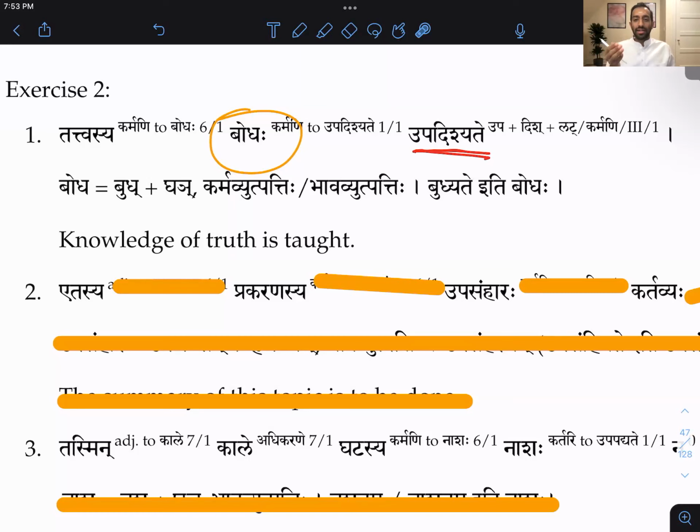So now there again, even though the word is bhava, it can be a karta, it can conclude, it can do something. So does that help with understanding how it's possible? So here again, in these examples, even though it's not kartari vyutpatti, it's not the knower, it's knowledge, but knowledge can do something.